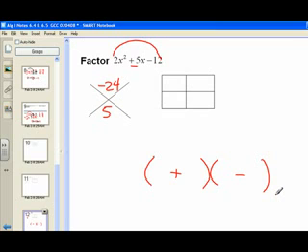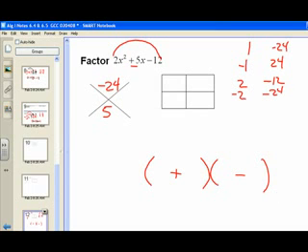So here, to get a negative 24, I need one positive and one negative. So I look at the different values. That means it could be 1, negative 24. Negative 1, positive 24. 2, negative 12.